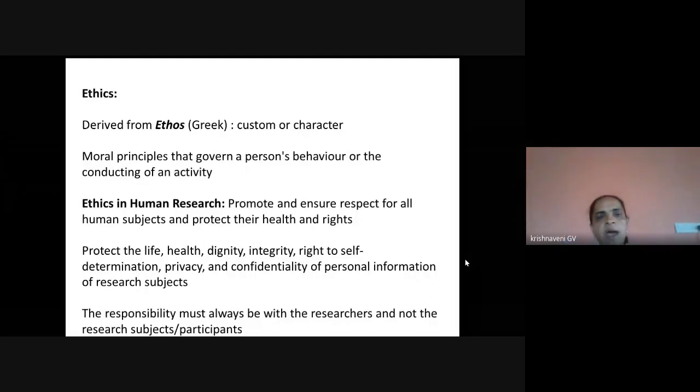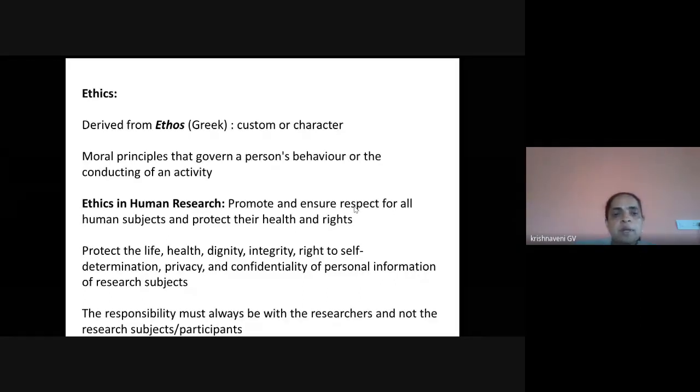So as I mentioned here, when we particularly deal with human research, ethics pertains to the set of principles where we promote and ensure respect for all the participants who are part of your research, so that you will protect their health, their rights, and their dignity as they participate in your research.